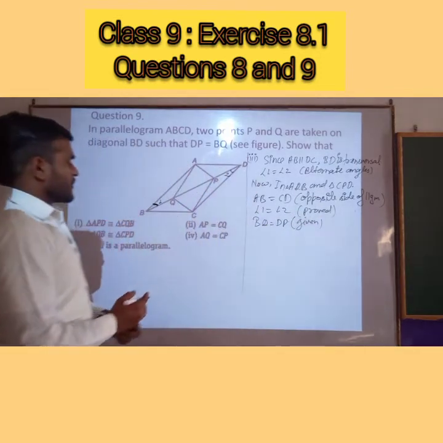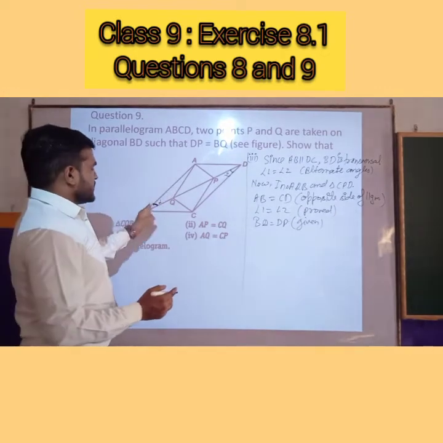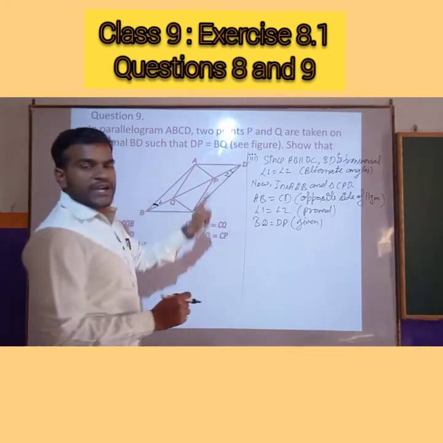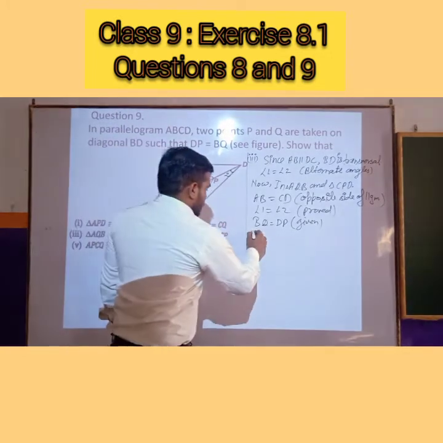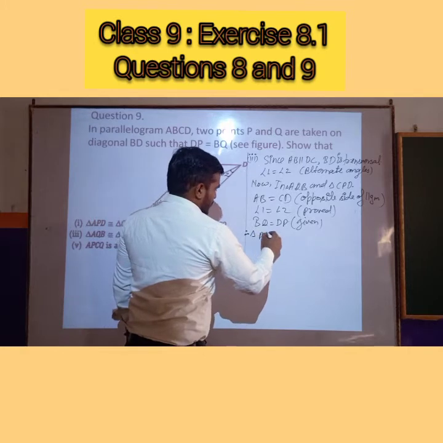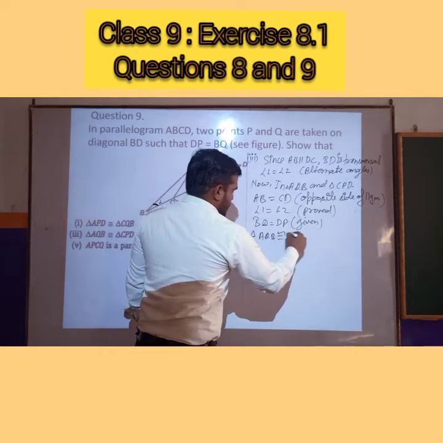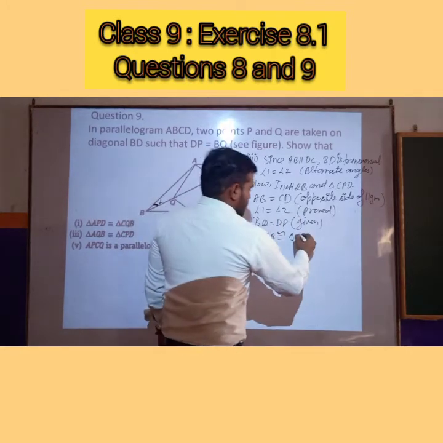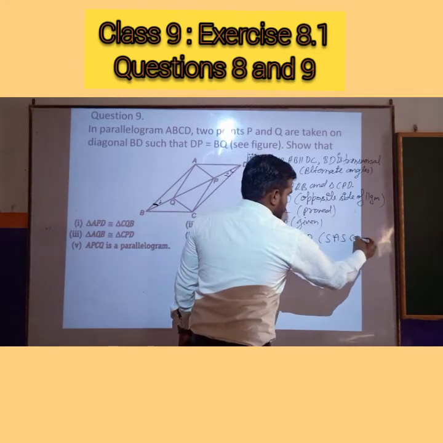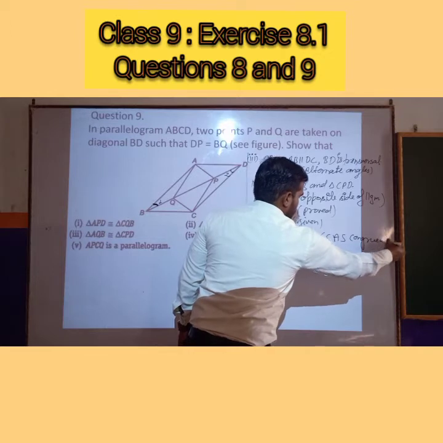So children, by SAS congruency criteria, these two triangles are congruent. Therefore triangle AQB is congruent to triangle CPD by SAS congruency.